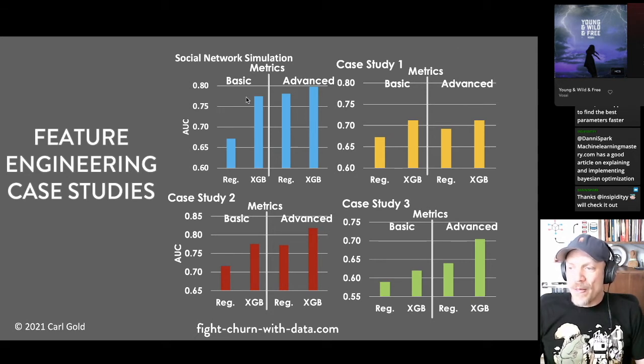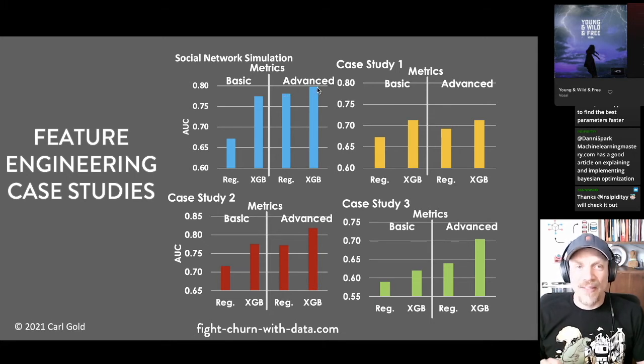What you find is that on the left, this is basic metrics, and on the right, this is advanced metrics. Now remember, I just showed you that XGBoost only made a little improvement over regression. That was that 0.78 to 0.8, and that was using the more advanced metrics.